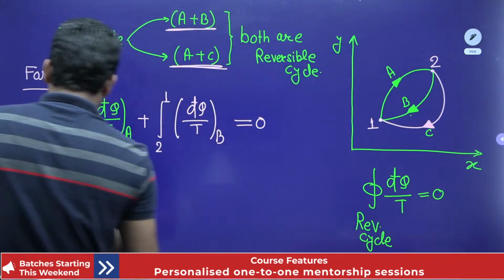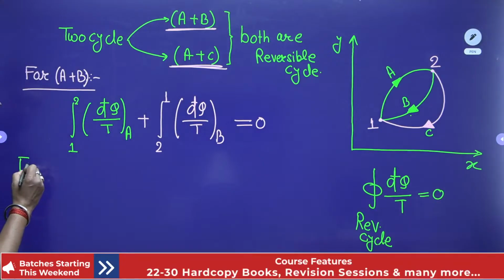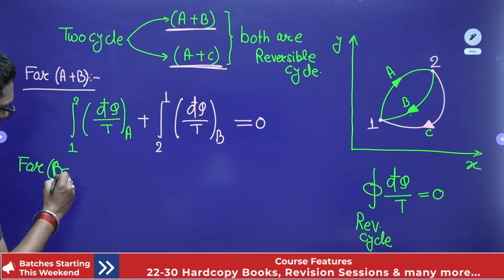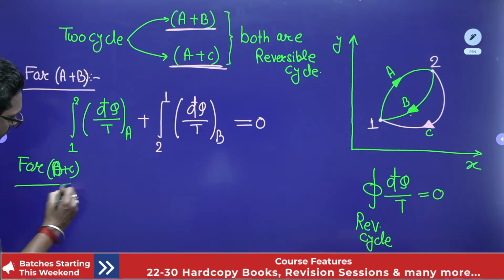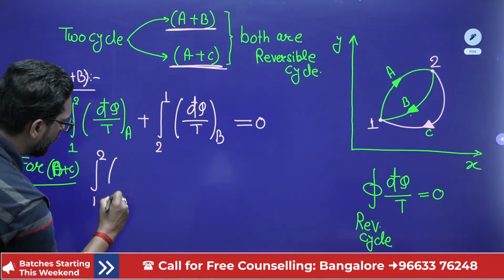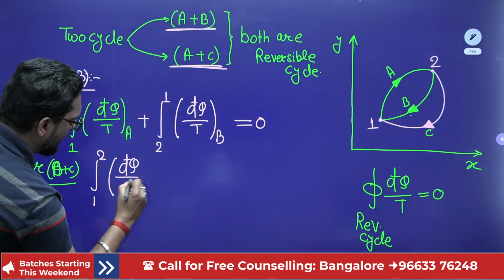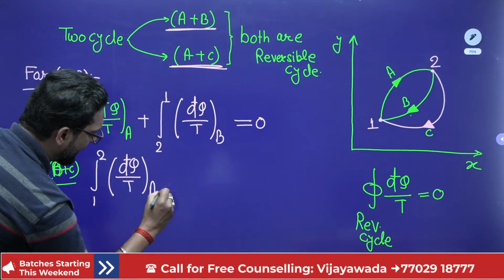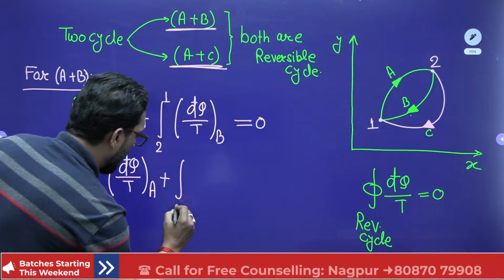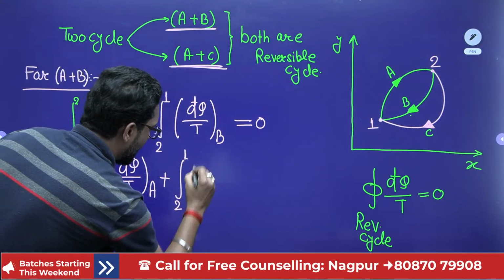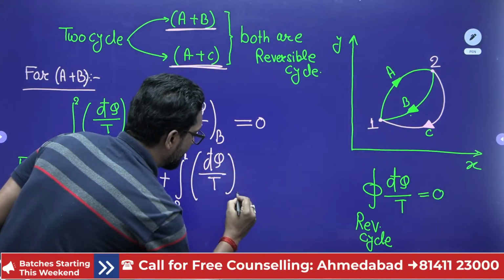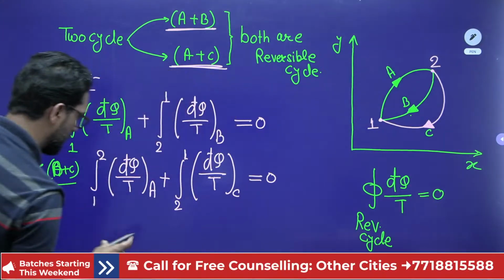Now, for the process B plus A plus C, what is that, beta? The cyclic integration of 1 to 2 dq by t for path A, which is reversible, plus 2 to 1 dq by t via path C, and this is also 0. Okay, no problem at all.